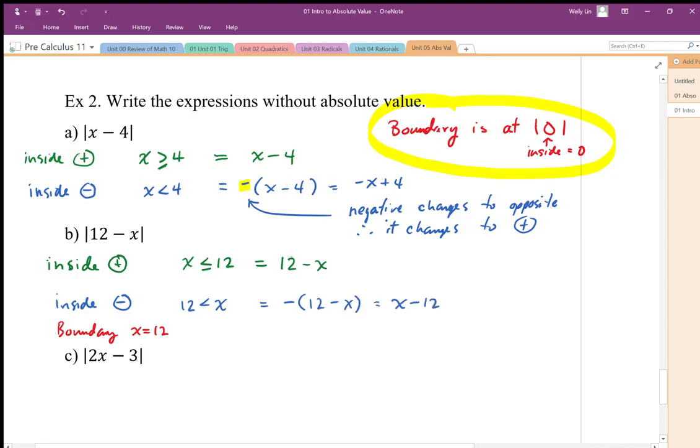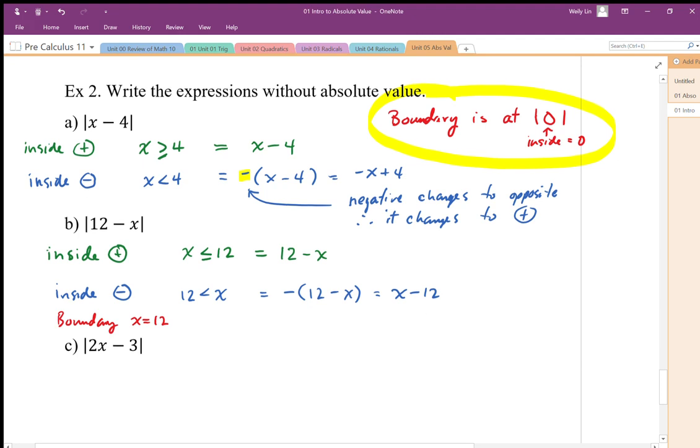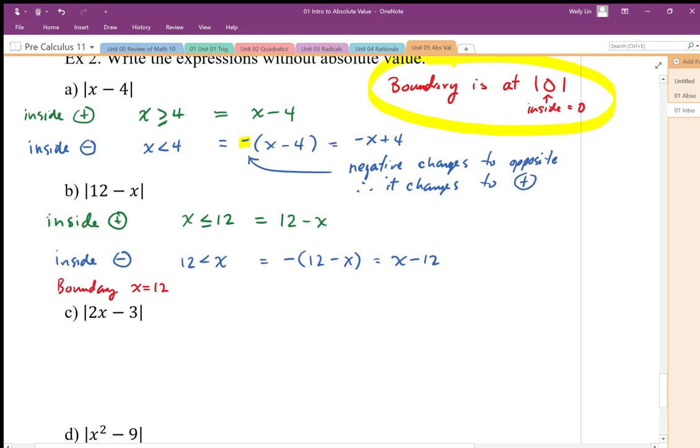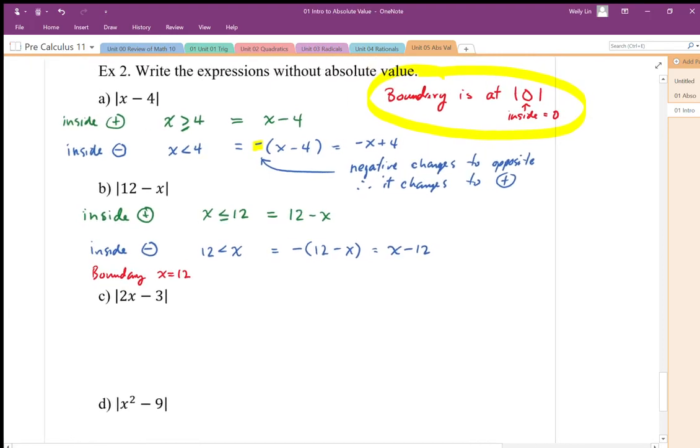So it's going to behave like 12 minus x as long as x is small enough, it's just going to stay positive. Nothing's going to change. Once x gets too big, we're going to have a negative, so we have to flip it. We have to use the opposite, which is x minus 12. So there it is. This is the key then. We need to find the boundary. The boundary really is the key.